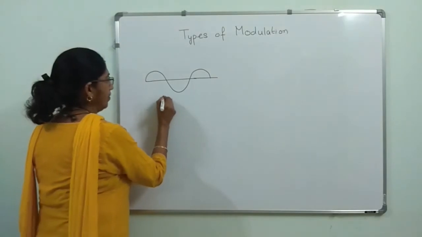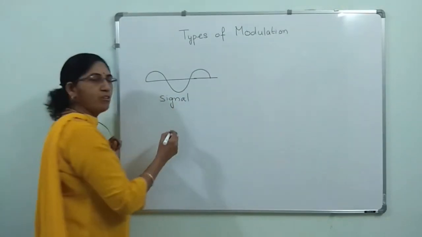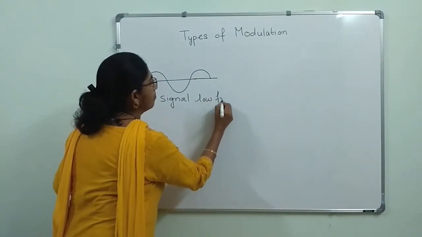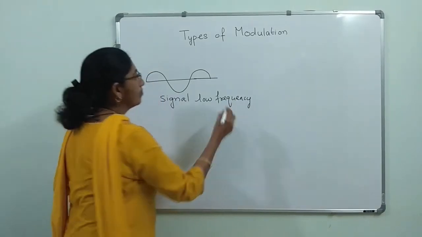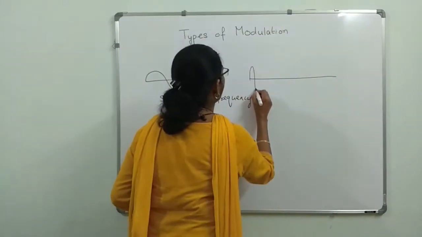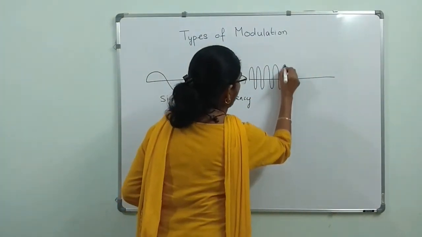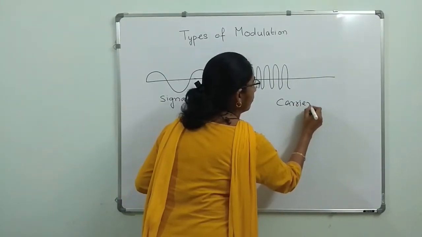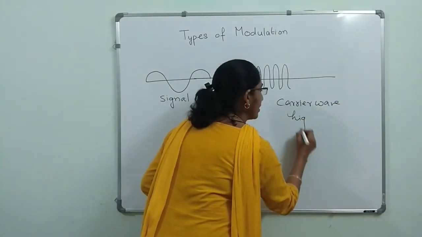This is the signal, which is of low frequency, and this is the carrier wave, which is of a higher frequency.